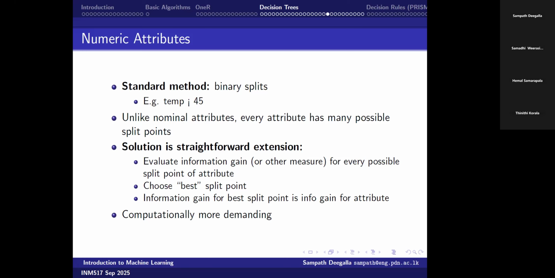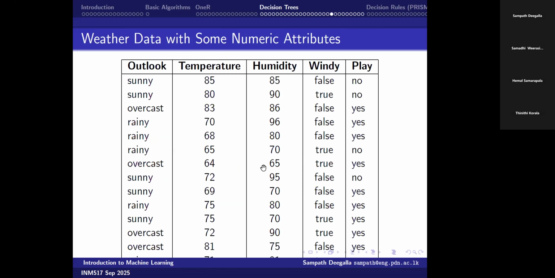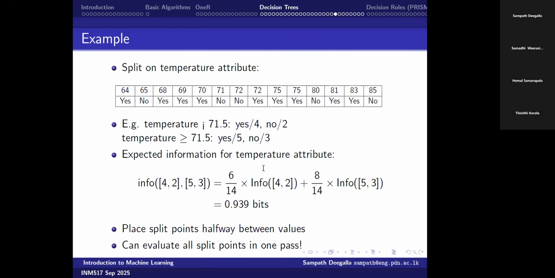So what you do, like in 1R, is sort it in ascending order, make a split in each and every place, and then calculate the information gain or gain ratio. Then you will find the best split point, right?